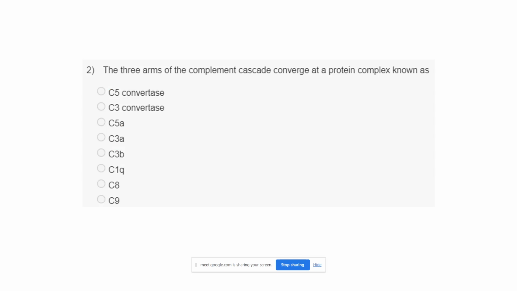Now the next question. The three arms of the complement cascade converge at a protein complex known as: C5 convertase, C3 convertase, C5a, C3a, C3b, C1q, C8, or C9. Ma'am, option 2, C3 convertase. Okay.